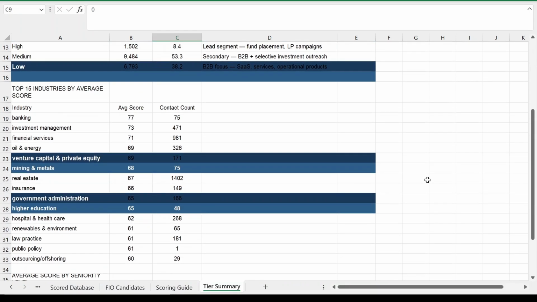Again, this particular database started off at 65,000 CEOs, chairmen, managing directors. What it did take out was sales managers, anything that wasn't necessarily at that top level. It might have said associate, it might have said director, so we got rid of those. Even those could be valuable for some campaigns.